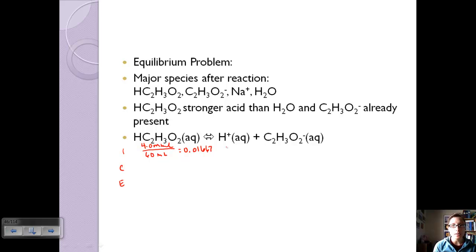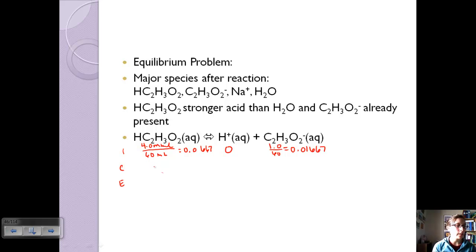If we look at our H+, we initially had 0, and we had 1 millimole of our acetate ion, but we also need to divide this by 60. Oh, I see I made a mistake. Okay, so this should be 0.0667, and this one is our 0.01667 molar.